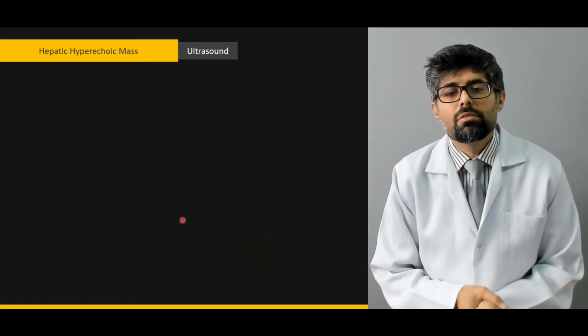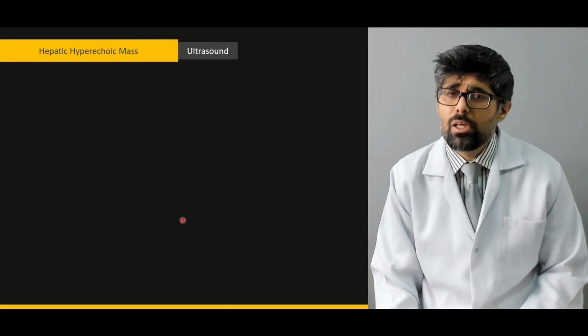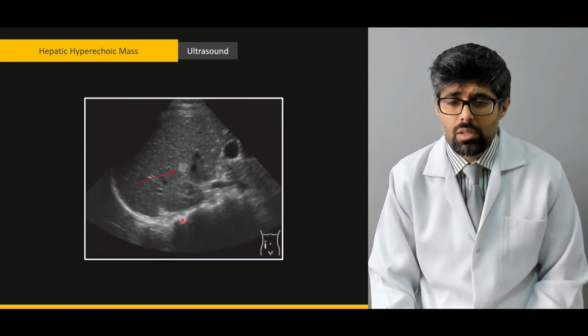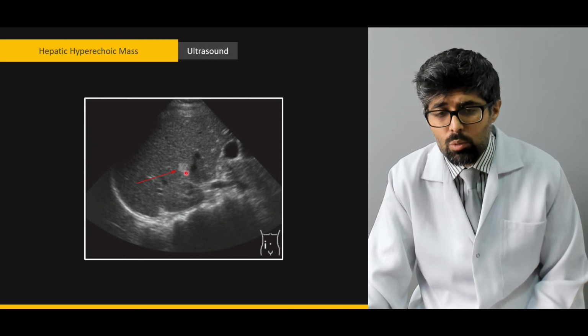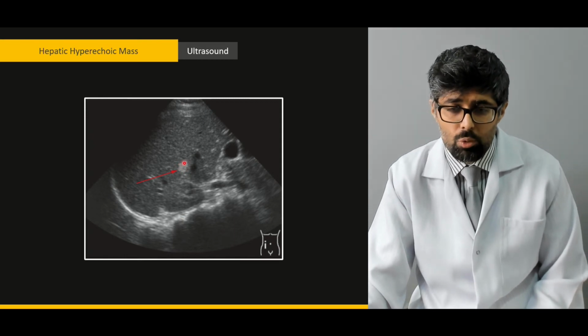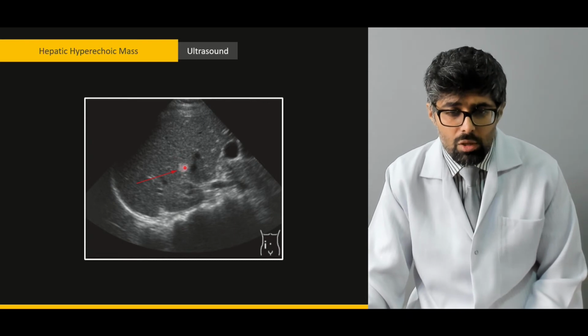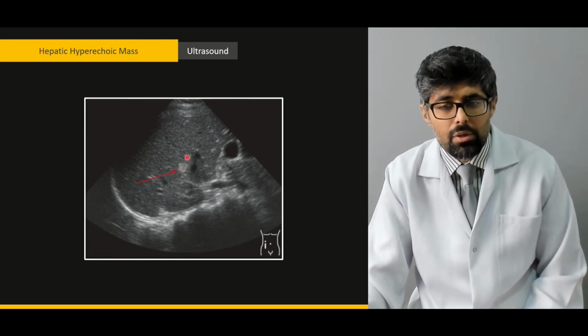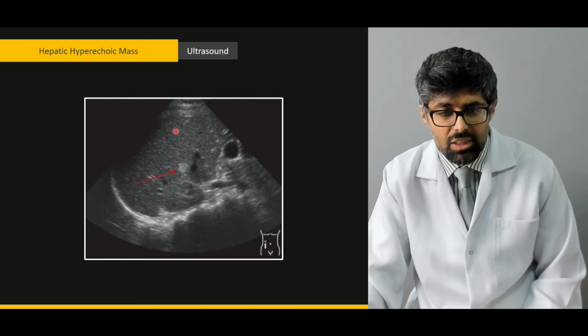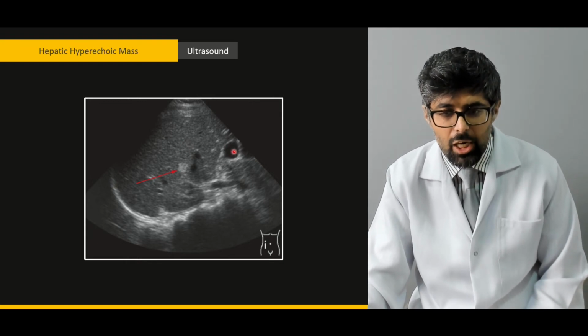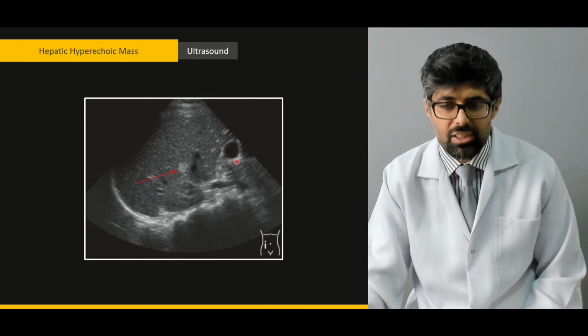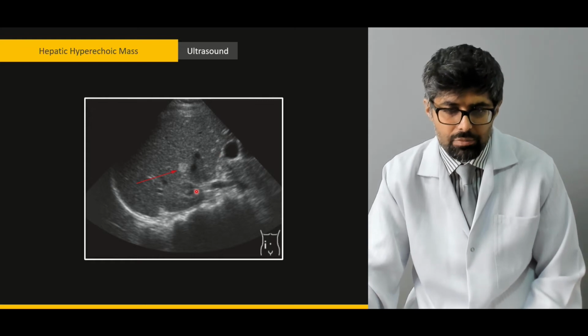Next, we have hyperechoic masses. Now, sometimes on ultrasound, we find hyperechoic areas like this one here. Now, we can say that it is hyperechoic because this area is isoechoic. This is hypo because it is a vessel, the lumen of a vessel.